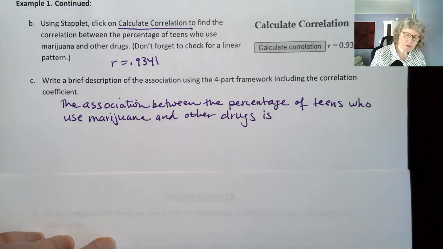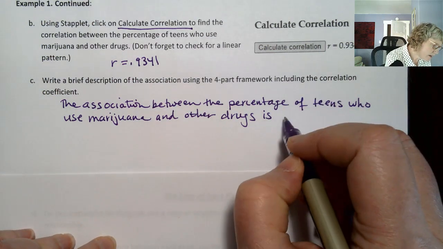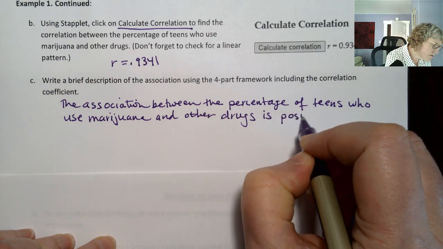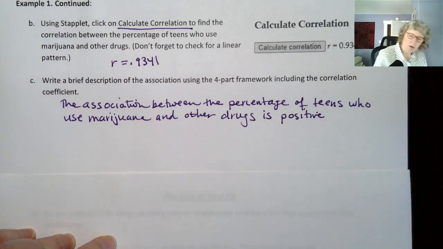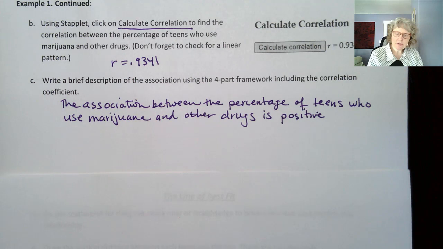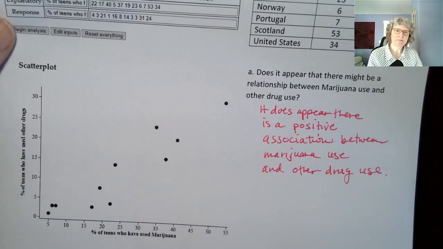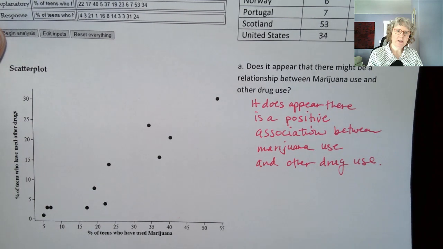Okay, so for direction, it looks like it is positive, right? It's definitely going up. And we wrote that on the other page. So it's positive. What's our form? Does it look like a straight line? Is it linear or is it curved? It looks fairly linear to me.